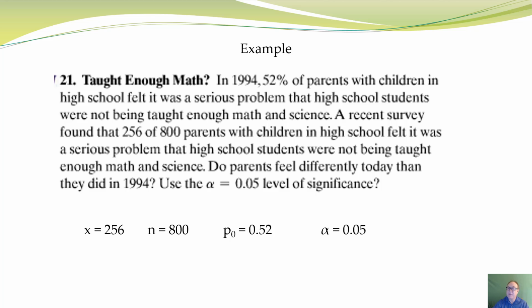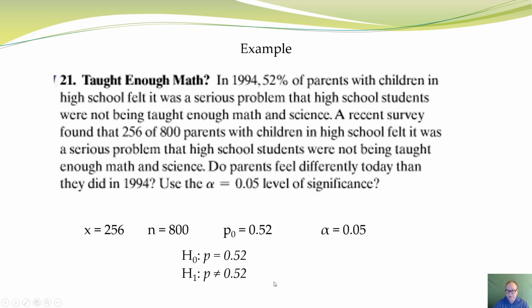Our null hypothesis is that p equals 52% or 0.52. What's our alternate? Here, do parents feel differently? The key word is differently. So differently means not equal. So p not equal to 0.52 would be your alternate.